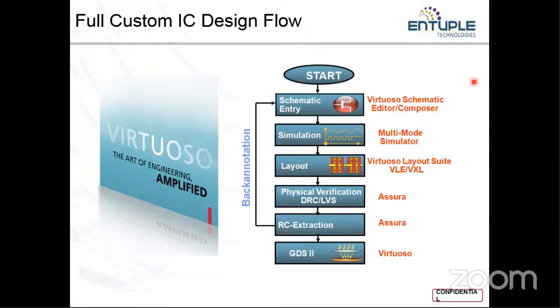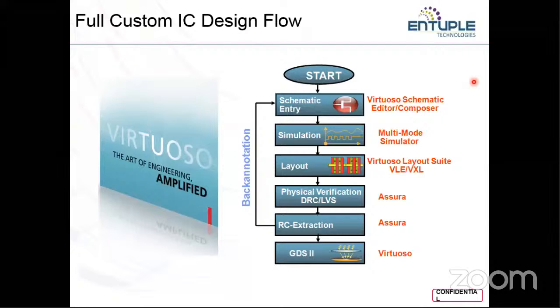If the impact is huge, then you rework on the layout, or else you go ahead with the flow. For the back annotation process, again you go back to the Virtuoso schematic editor and Spectre. And once you are satisfied with your overall design, you generate the GDS file. So what is the GDS file?